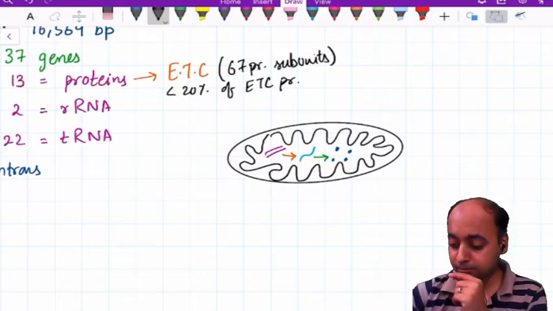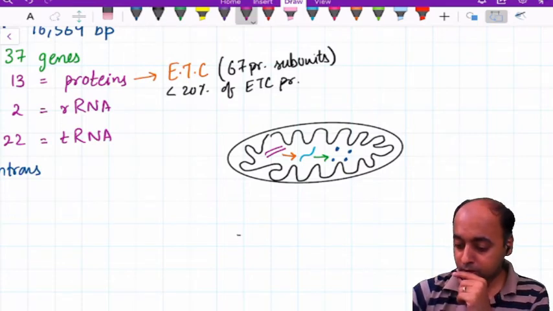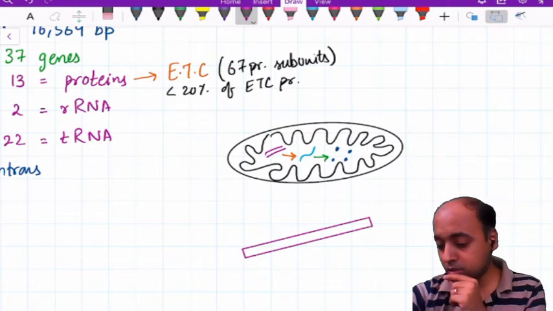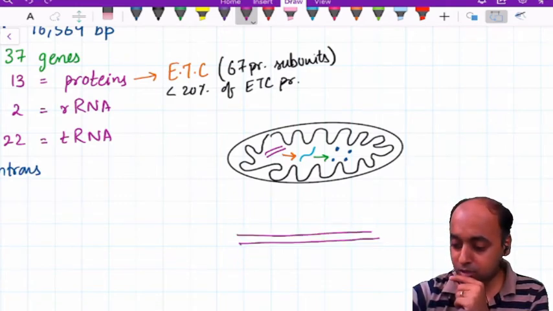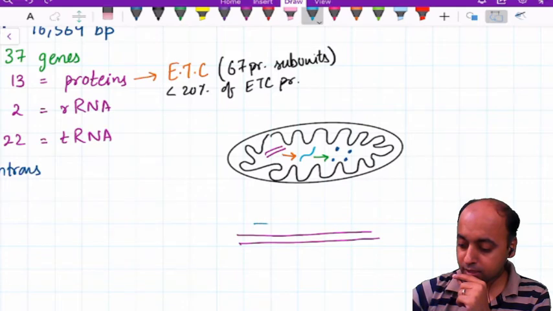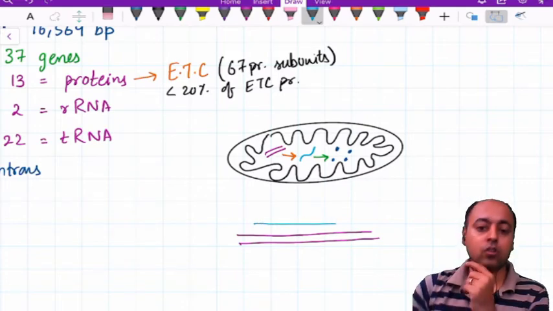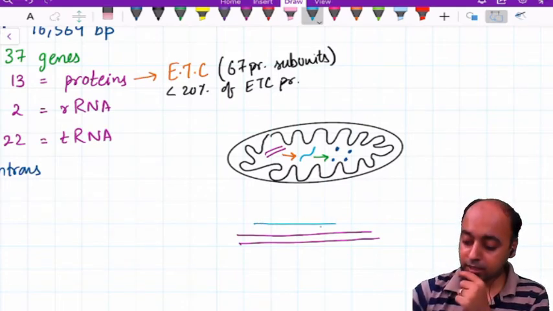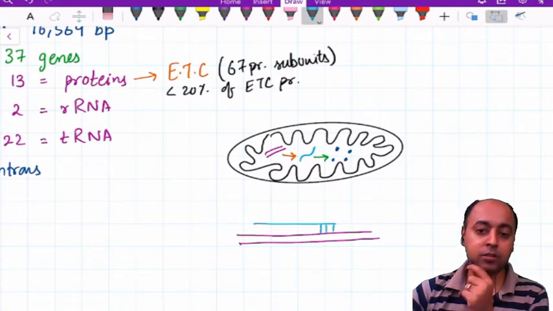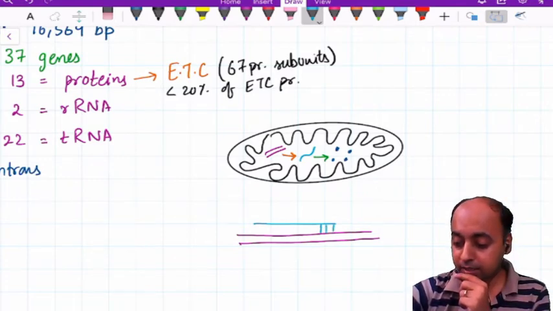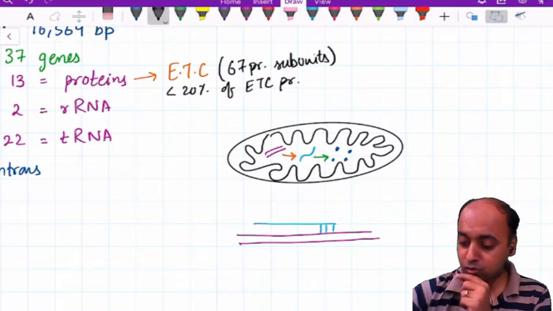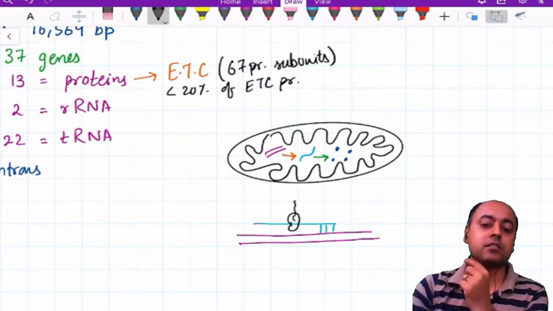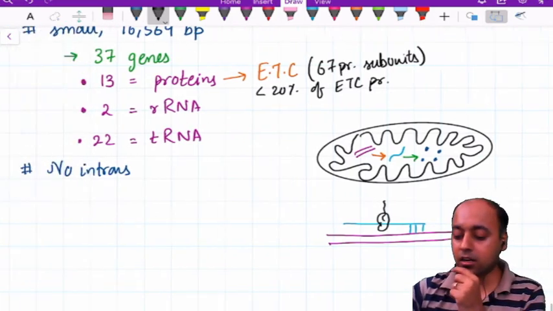So what happens? On this DNA, the transcription is going on, and you get the segment of RNA. Let's say here the synthesis is going on. This part is already synthesized. At the same time, the ribosome will come and get attached, and the simultaneous protein synthesis can occur.